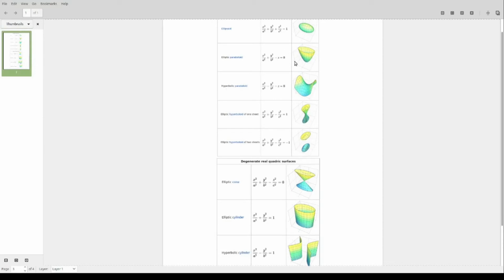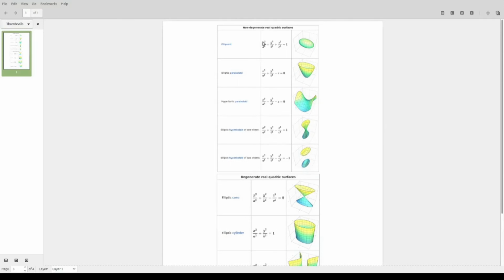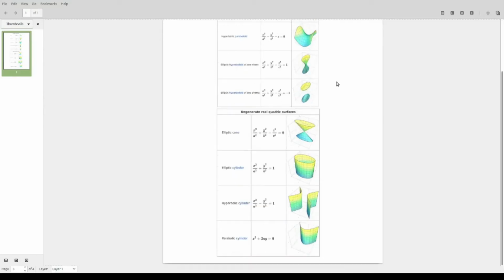But each one of these expressions mathematically is given by quadratic combinations of sums of the x, y, and z coordinates. This is a summary sheet that I'll post and you can use. It'll also be in your multivariable calculus book, and you can use it to help you identify quadric surfaces.